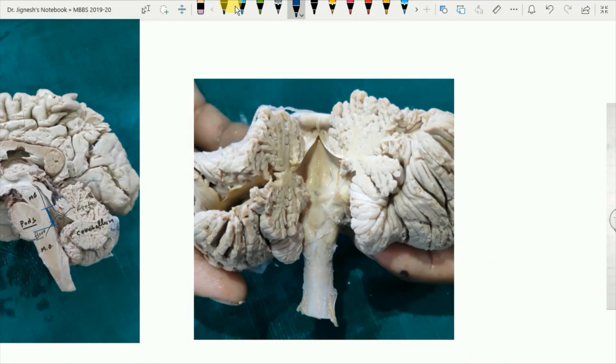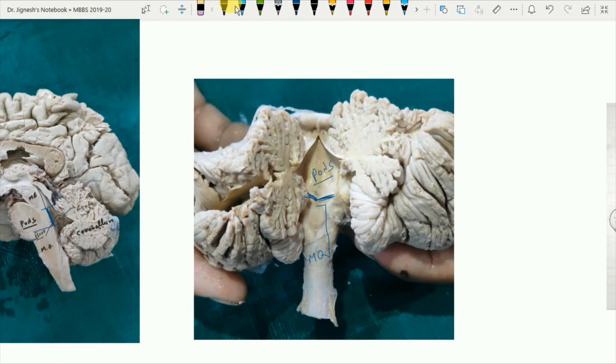Here in this figure, this is the posterior view of the brainstem, where the lower part is the medulla oblongata. This portion up to here is the stria medullaris, and the portion below it is the part of the medulla oblongata, and the part above it is the pons.